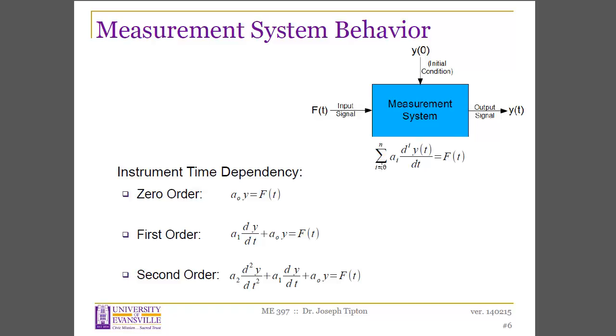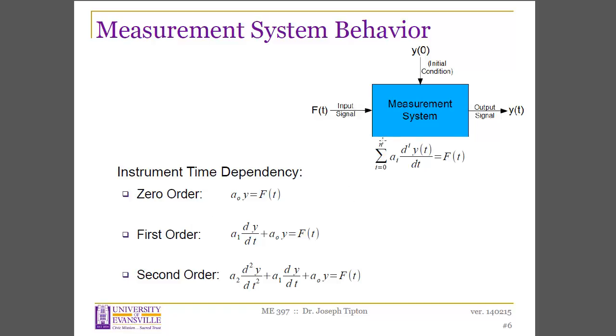Well, if we do a one-term summation here, i equals 0 to 0, then we have the zeroth derivative, which is just going to be the signal itself. And this then becomes this equation. So we have one constant, so a is a constant. We have y, which is our signal output, and we have F, which is our system input. We call that a zero-order system.